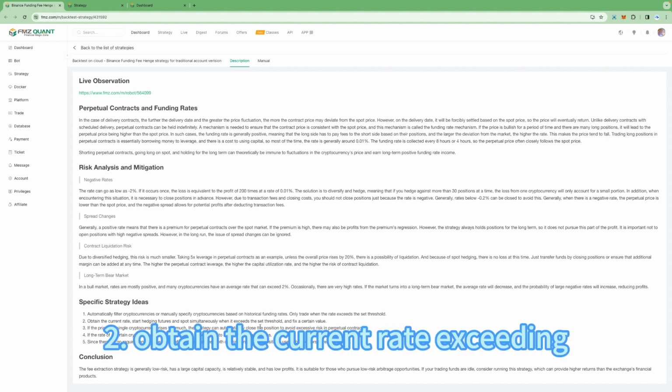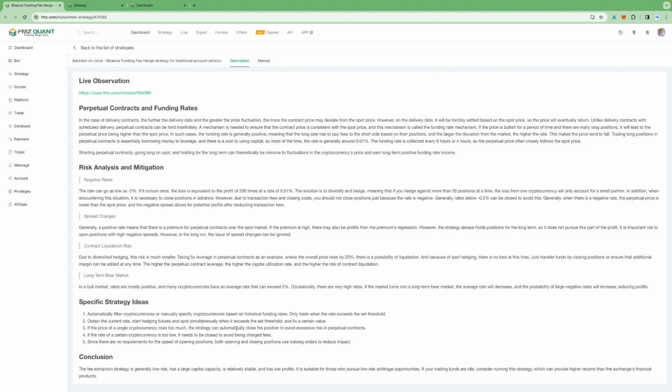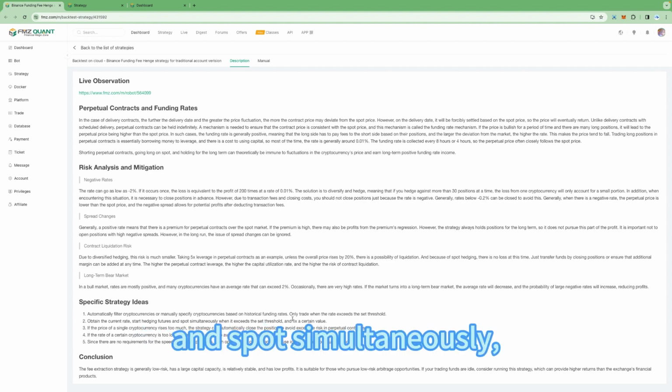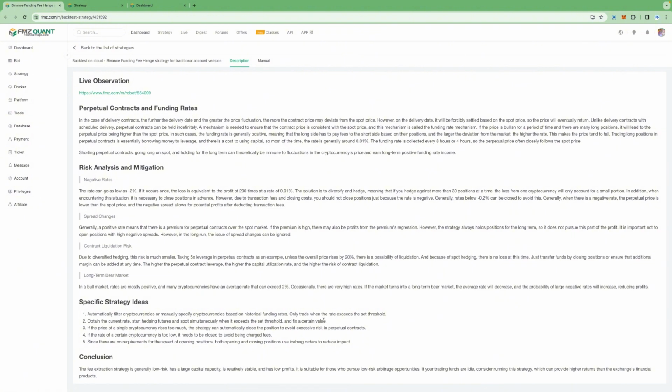Second, obtain the current rate exceeding the set threshold automatically. Start placing orders for futures and spot simultaneously, and fix a certain hedging position, that is, a fixed value.